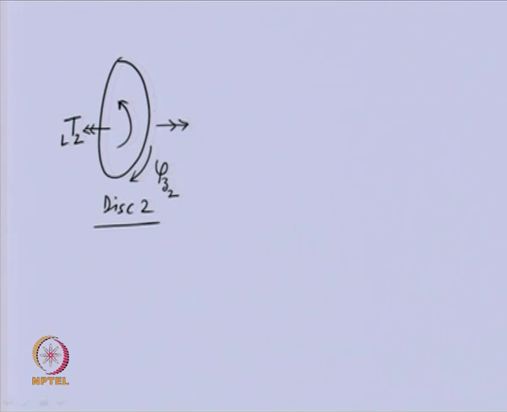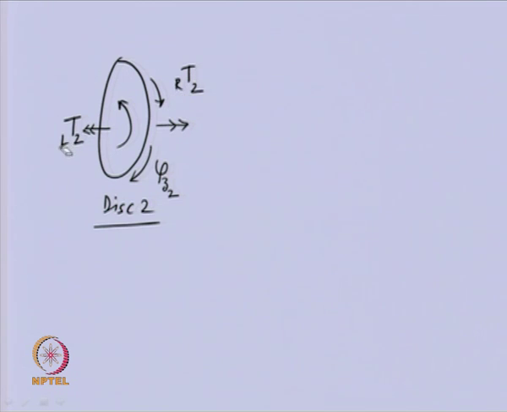So, the torque which is right of disk 2 will be represented as T with subscript R, representing the right side of disk 2. We should understand this terminology carefully, because we will be using it very frequently.